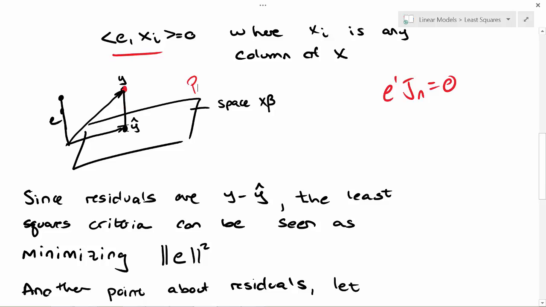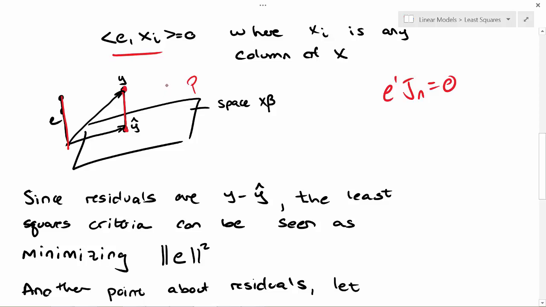That projection is this orthogonal projection onto the plane, the space of linear combinations of the columns of X. That yields y hat. The residual, here I just redrew it over here, is exactly that orthogonal line.